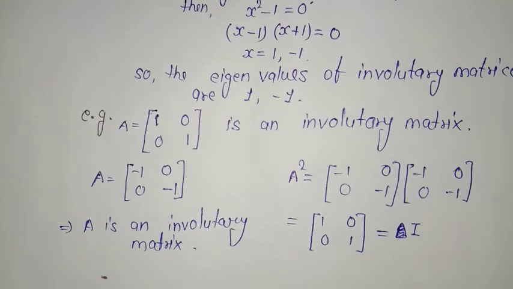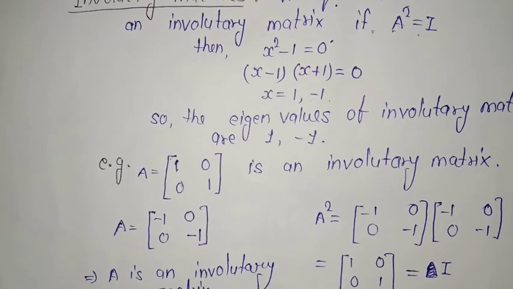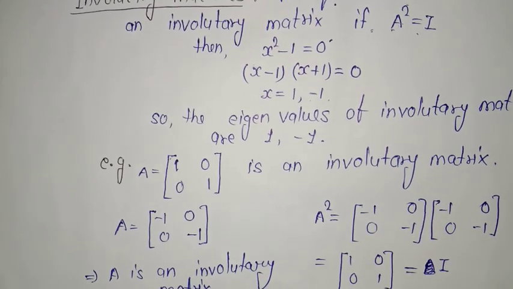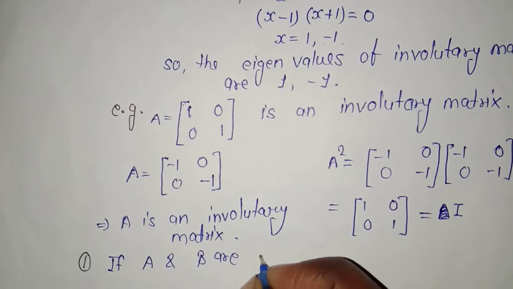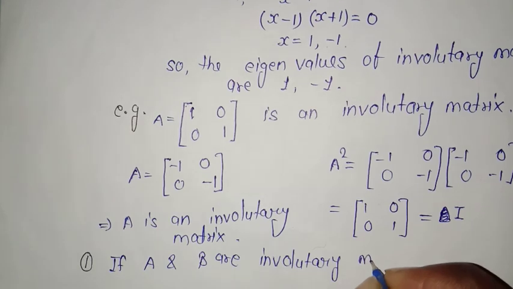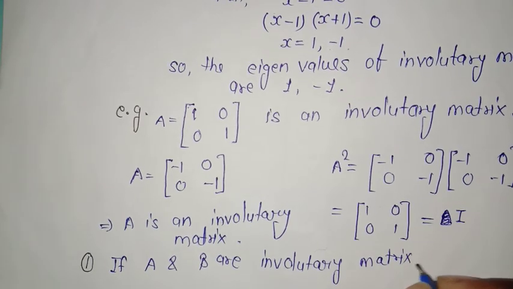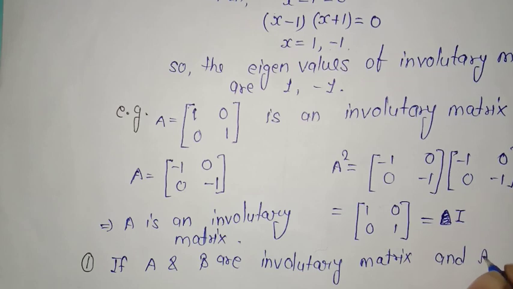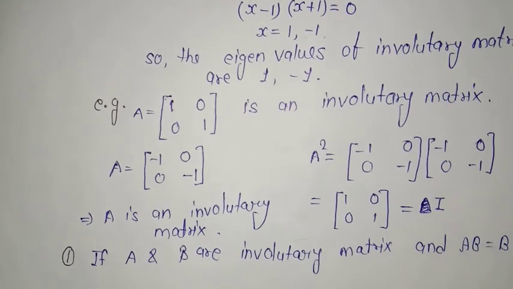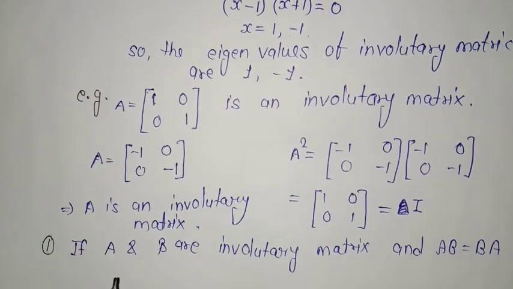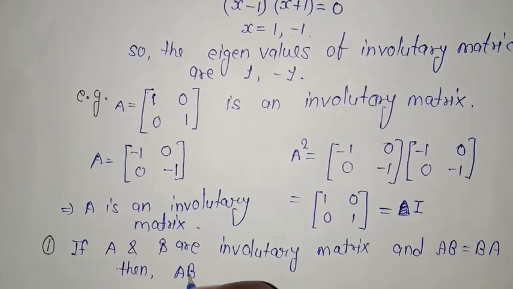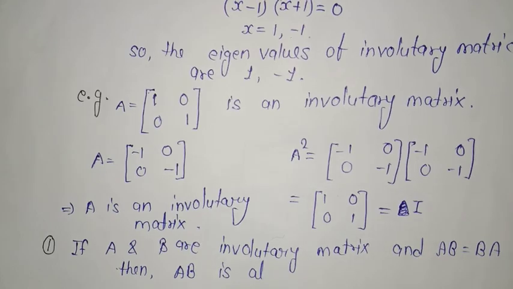Now we will discuss some of its properties. The next property is as follows. If A and B are involutory matrices and AB equals BA, then AB is also an involutory matrix.